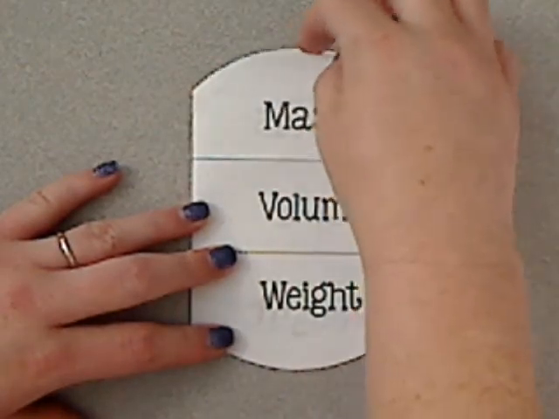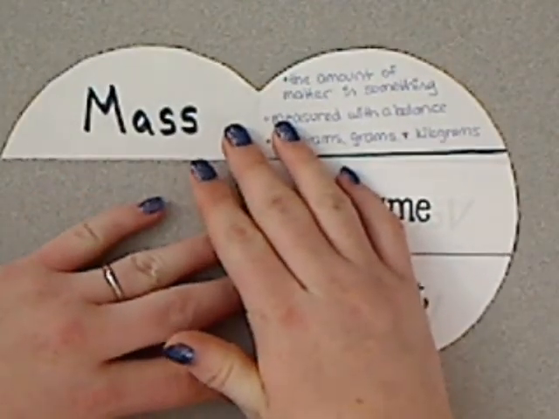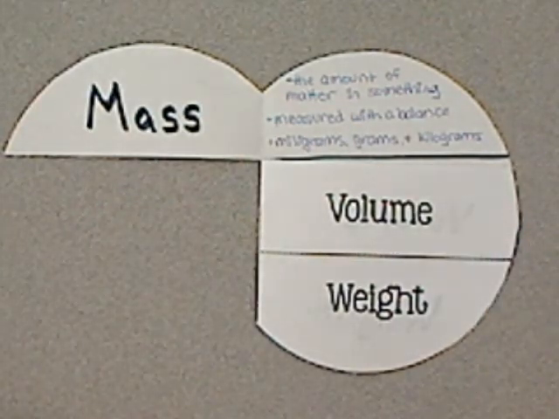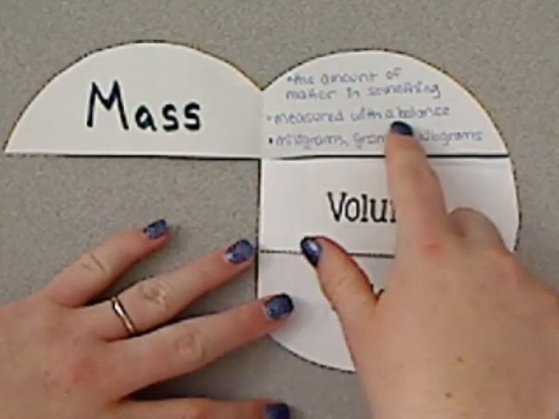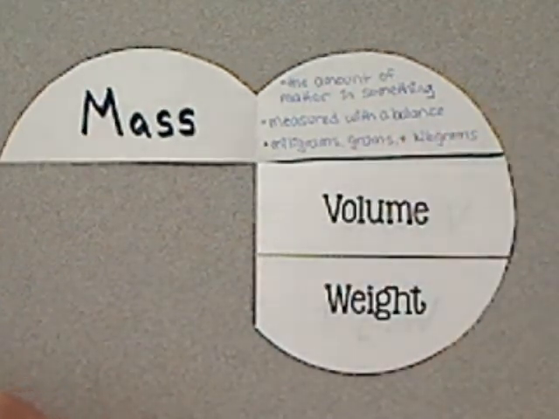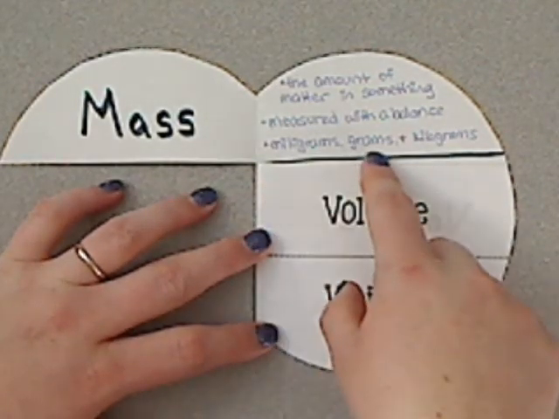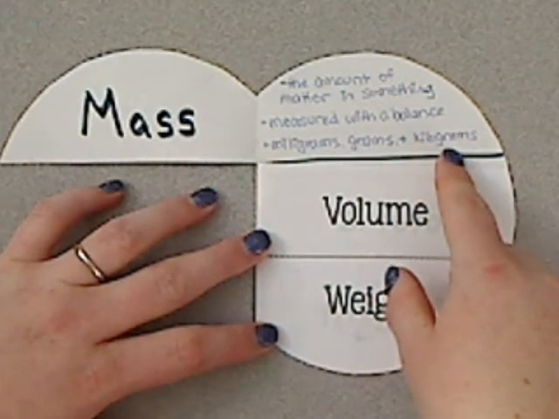So mass is defined as the amount of matter in something. It's measured with a balance, either a triple balance or a pan balance, and the units of measurement are milligrams, grams, and kilograms.